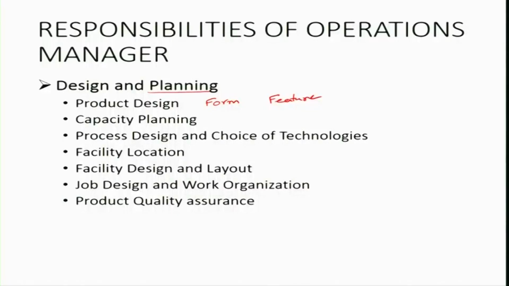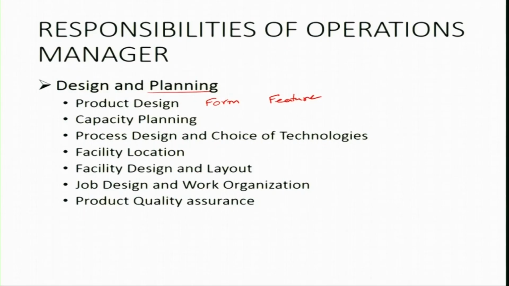Then I have to decide about the layout and facilities, where I am going to locate various departments and machines and equipment. Then I have to work on the job design and work measurement, work organization, and then I have to develop the quality assurance systems also.